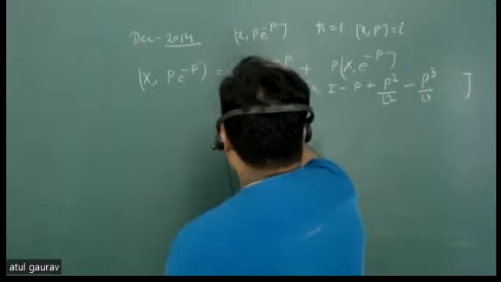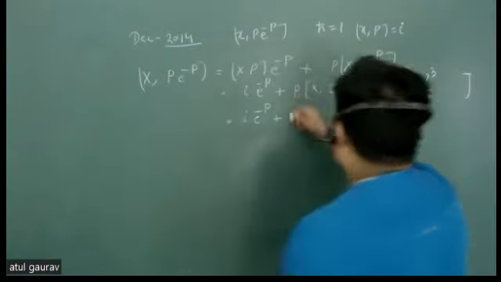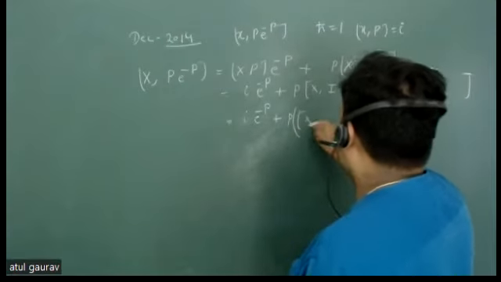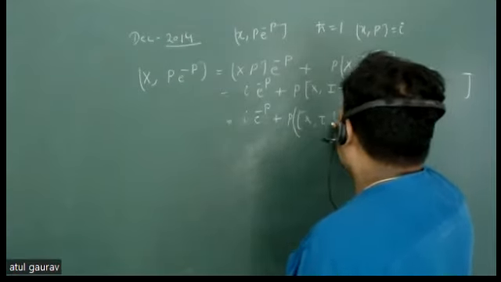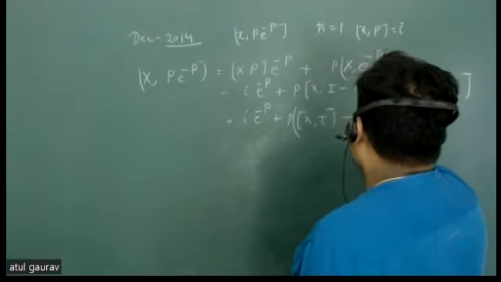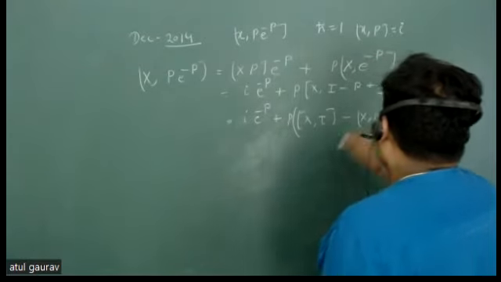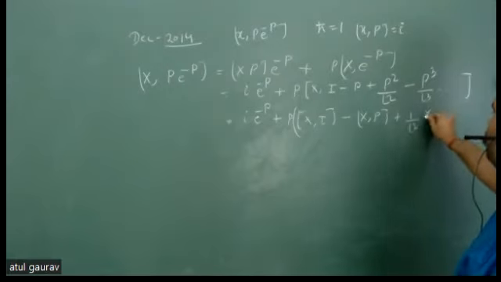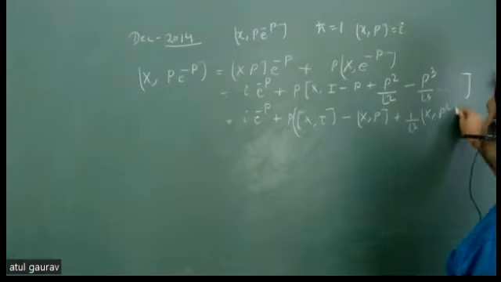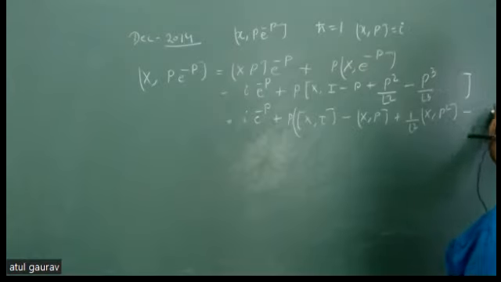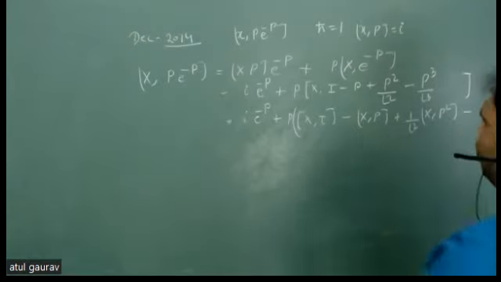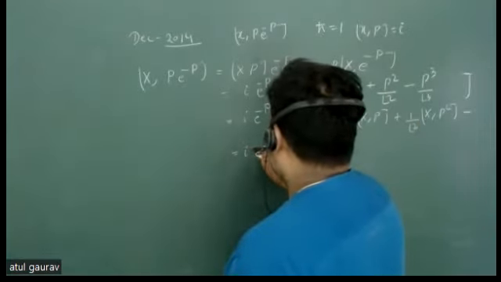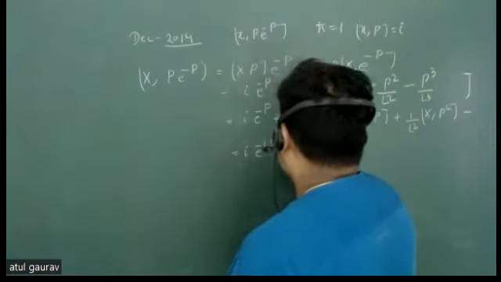So i e to the power minus p plus, we can take p here, then this will be, and we have big bracket [x, i] minus [x, p], and then 1 upon factorial 2 [x, p square], and then minus sign, you can have something like this. What will be [x, i]? 0, because identity operator will commute with anything.